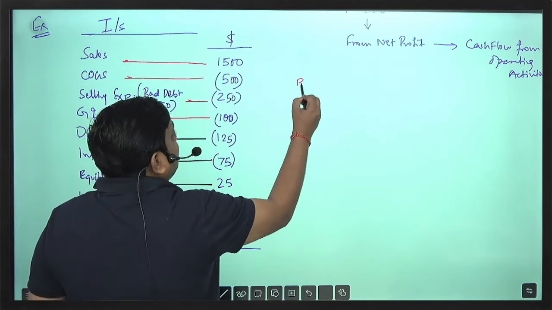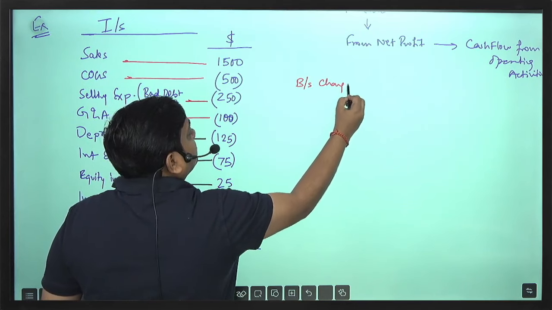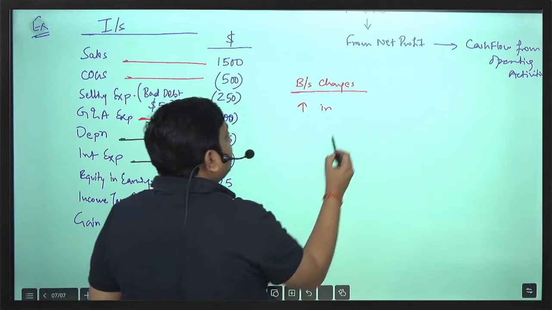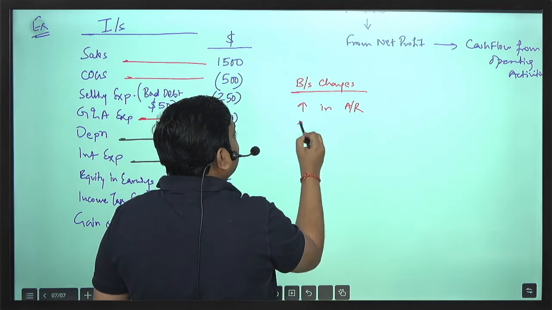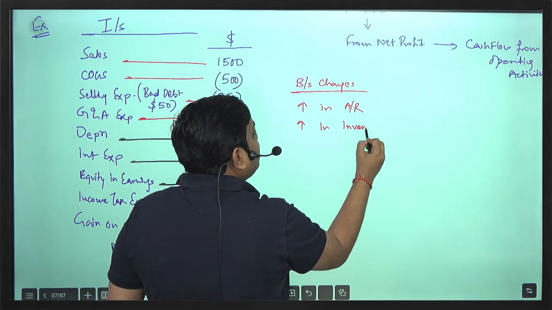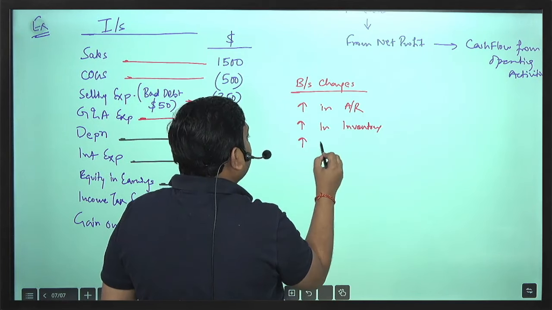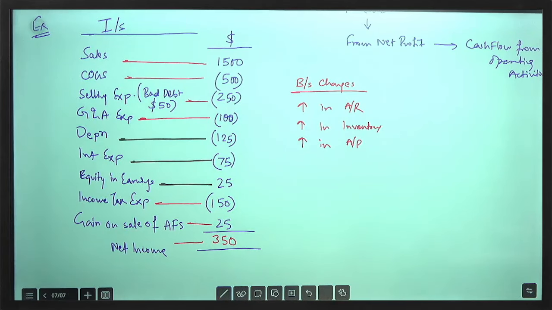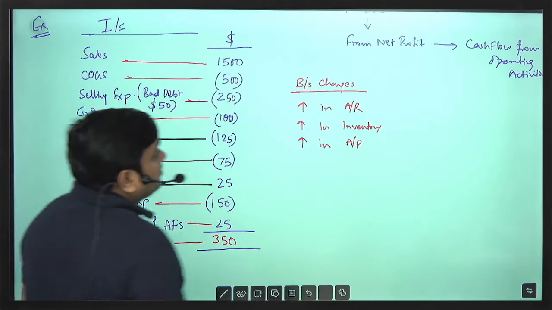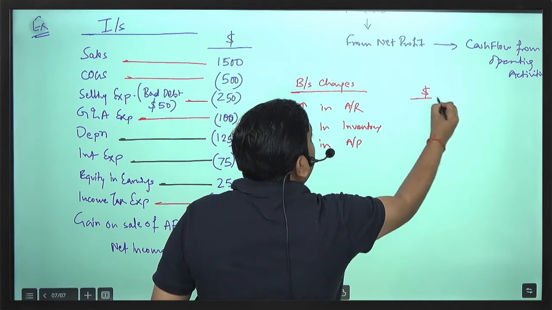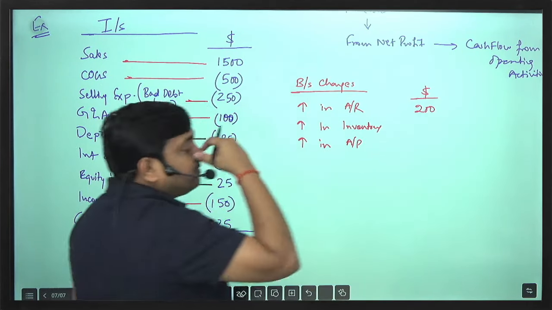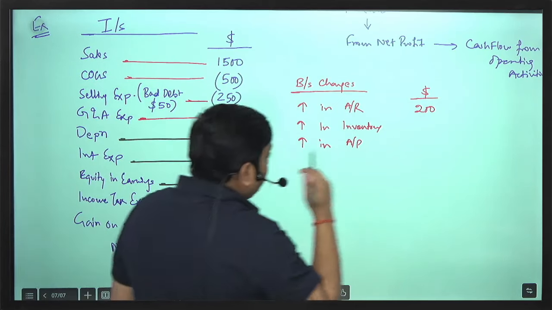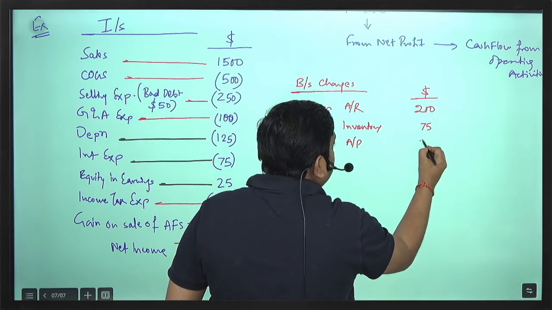Now they have given you some balance sheet changes also. Increase in AR, increase in inventory, increase in accounts payable. This is 200. This is 75.